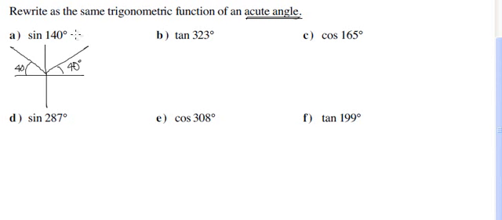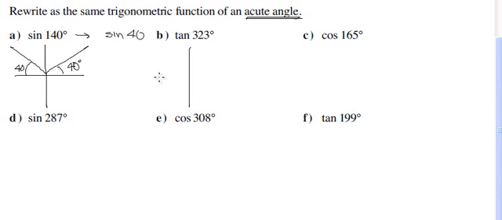So sine 140 is perhaps connected to the sine of plain old 40. I'm just going to leave that there and we'll come back to it in a moment. There's one more step we have to do, but we'll do them all at once.